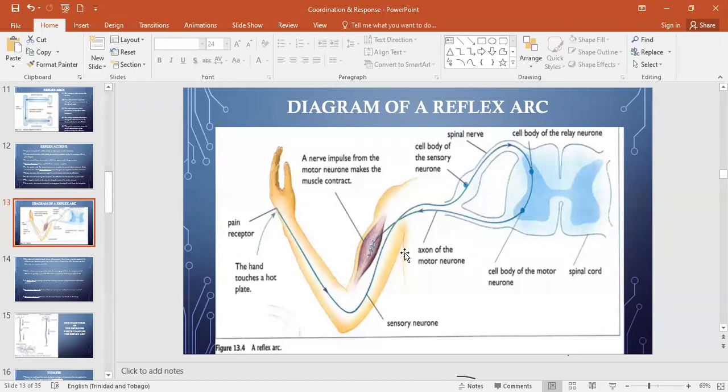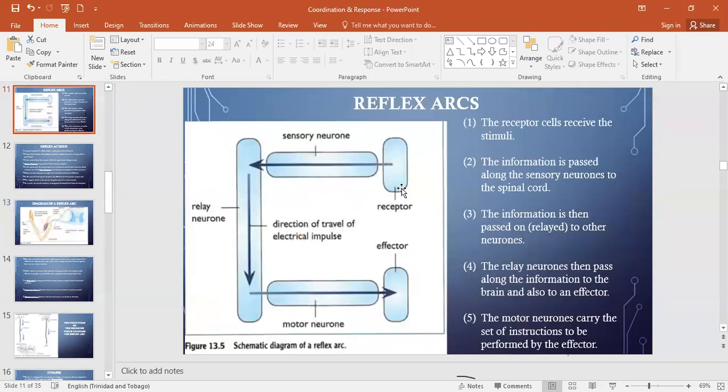All right, so this is in essence how it works. So a diagram like this, you all should be able to label as well. And you should be able to explain using a diagram like this how a reflex arc works. All right, even this one as well that we just did, this diagram tends to come as well.